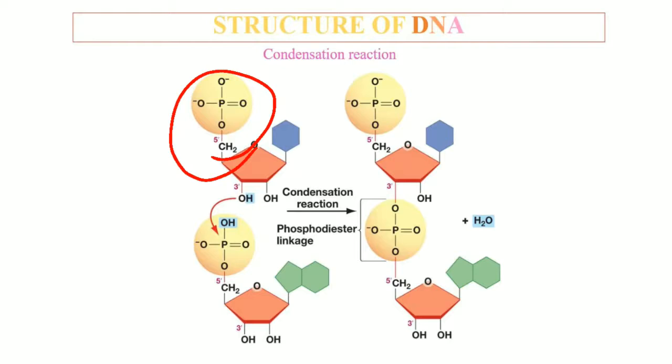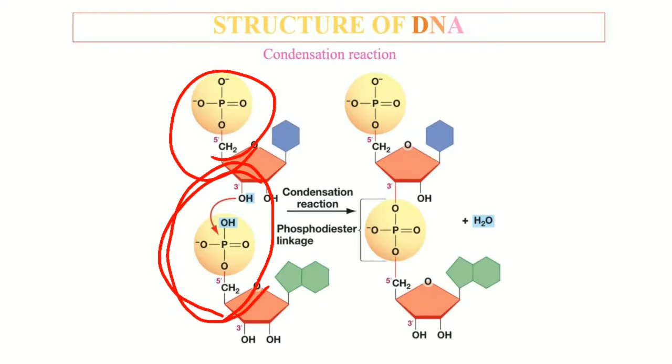of the deoxyribose sugar. So the adjacent nucleotides attach to one another by a covalent bond between the 5' carbon phosphate of one nucleotide and the 3' carbon of the deoxyribose. So this is a reaction that occurs between the hydroxyl group that is attached to the 3' carbon of the deoxyribose and the phosphate group that is attached to the 5' carbon of the deoxyribose.